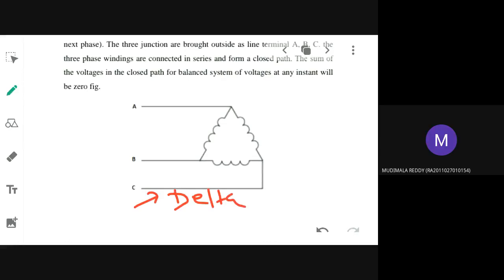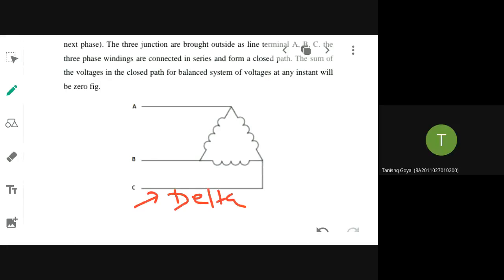One end of the A coil I connect to one end of the B coil. One end of the B coil I connect to one end of the C coil. The C coil's other end I connect to the A coil's end. So this will be called what connection? Delta connection.